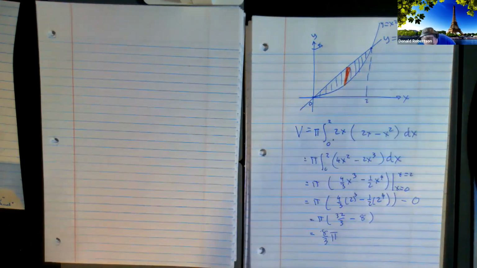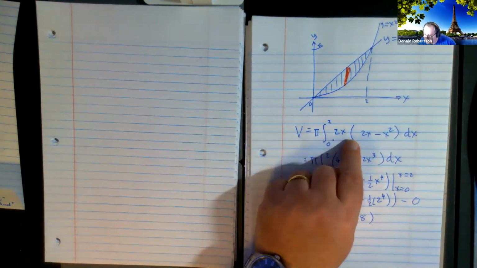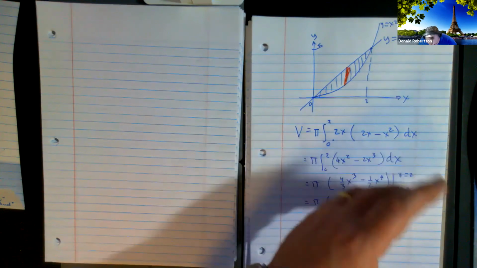So, single function about the y-axis, area between 2 functions about the y-axis. I think I've got enough time to squeeze the last 2 possible situations in.